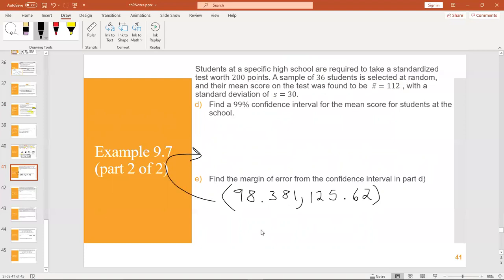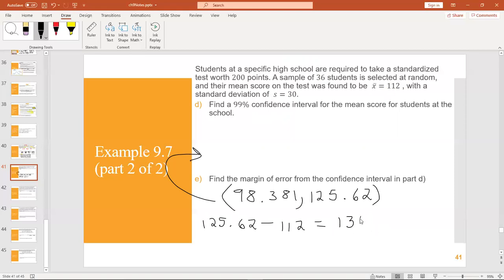Let's see. What's the margin of error? Well, if we do 125.62 and subtract 112, that will tell us the margin of error. So 125.62, subtract 112, and you get 13.62.